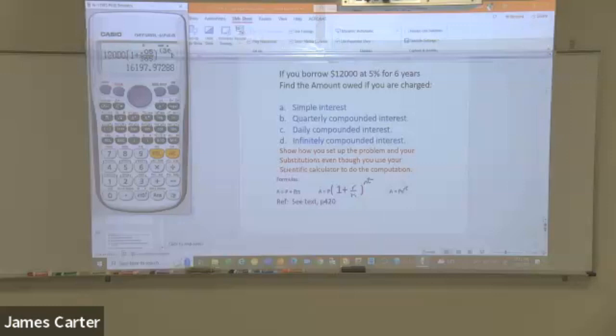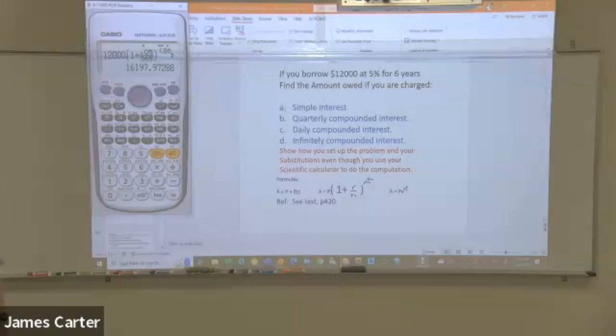Saved me a little bit of money, didn't it? Remember, it's simple interest. You ended up paying back 16,600, which is the way car dealerships do it.